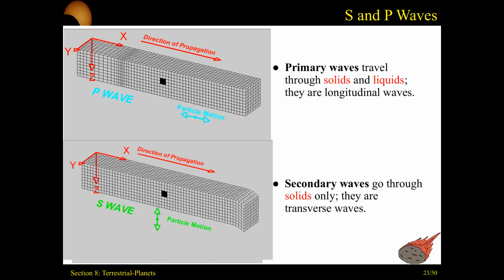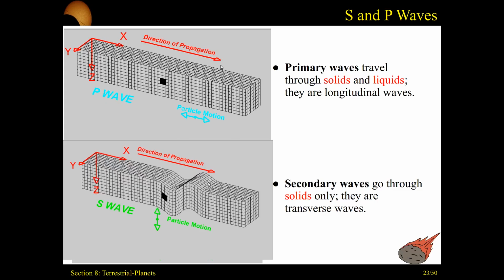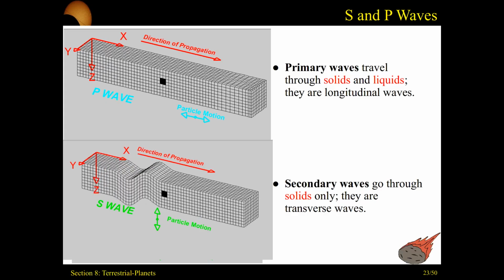Our primary waves are good for traveling through solids and liquids. Now our S, our secondary waves, are transverse. Consider the direction that the wave is traveling versus the direction of the wave motion. The wave is going up and down in an S wave, but it's traveling in this picture in the X direction.